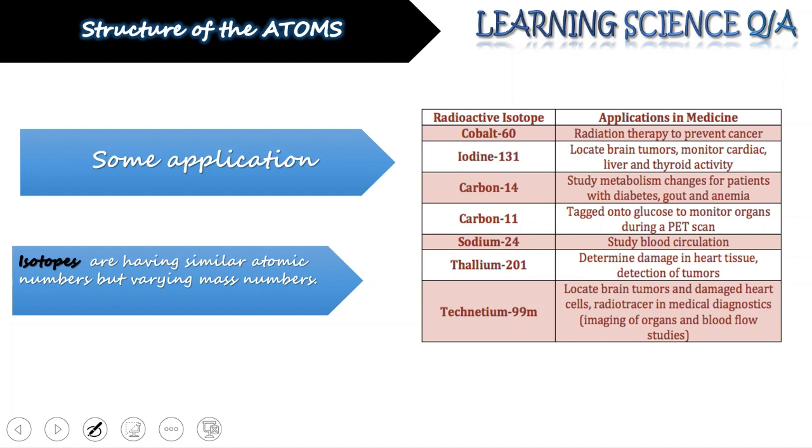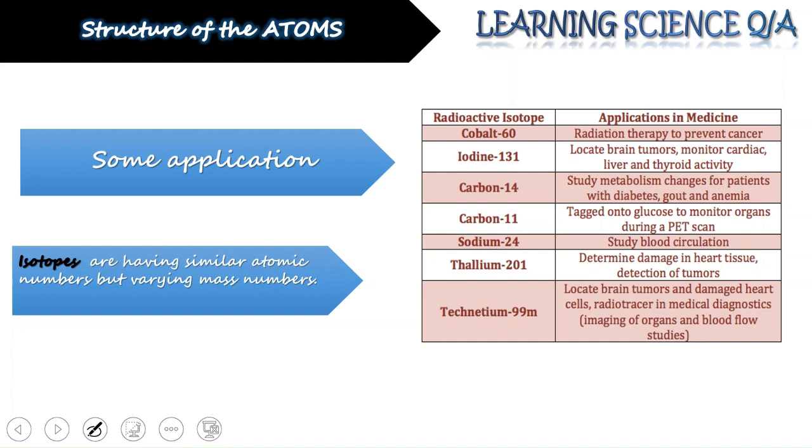PET scan is an imaging technique which refers to positron emission tomography. Sodium 24 is used in the study of blood circulation. Thallium 201 determines damage in the heart tissue and also in the detection of tumors.